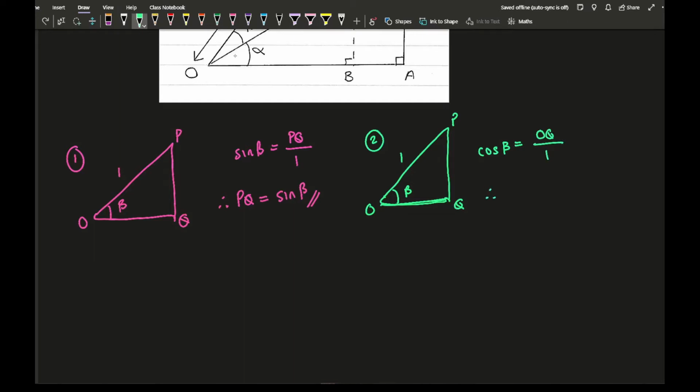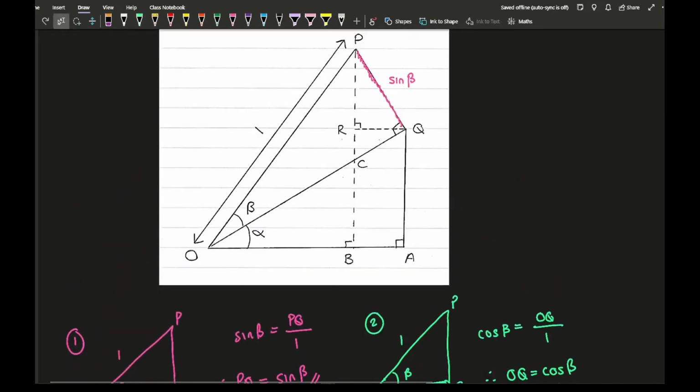Therefore O to Q is going to be equal to cos beta. So from my diagram, this length here is going to be cos beta. So from that triangle of OPQ, I've worked out what the 3 lengths are now going to be.